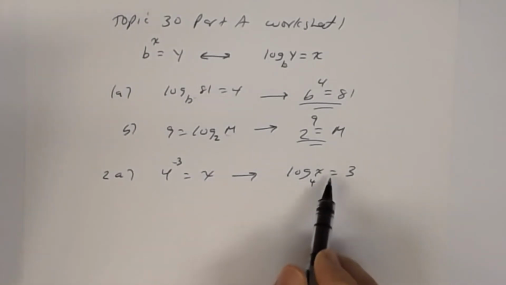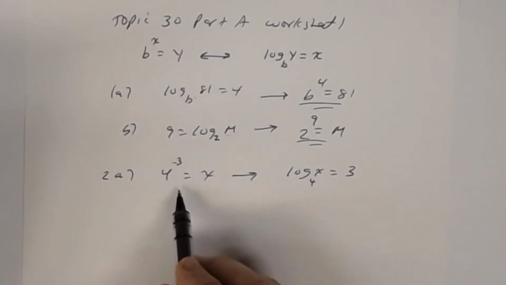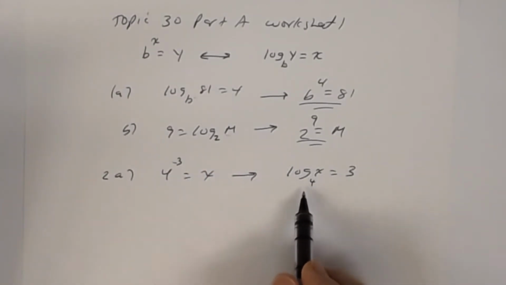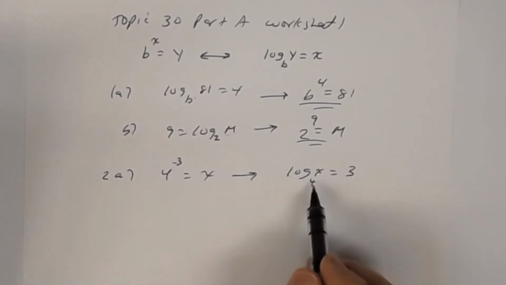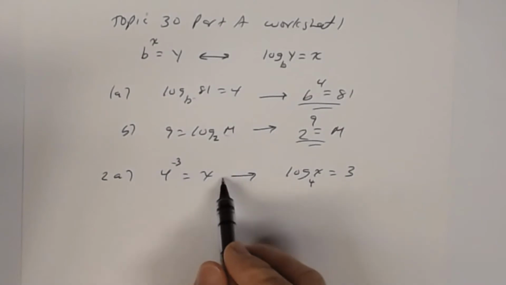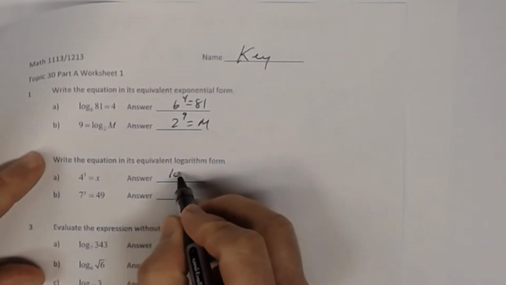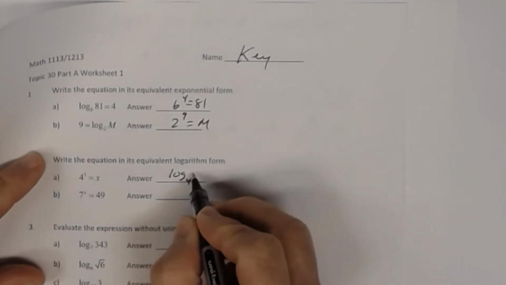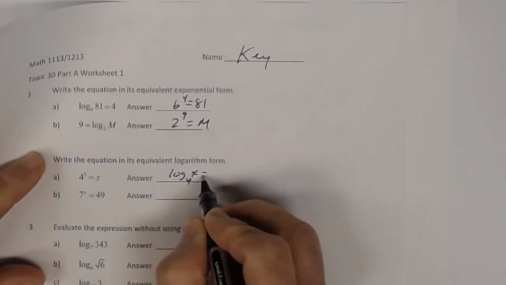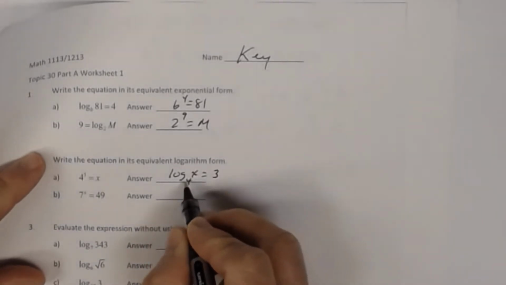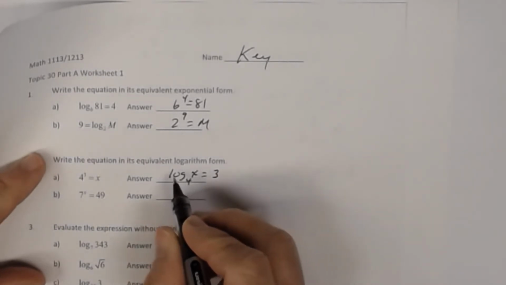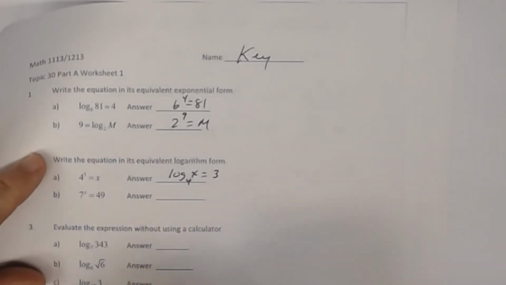So this exponential form is equivalent to this log form. It makes sense because if you go back, 4 to the 3rd equals x. So that will be the log base 4 of x equals 3.